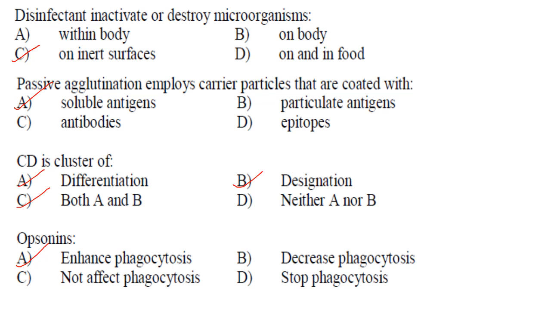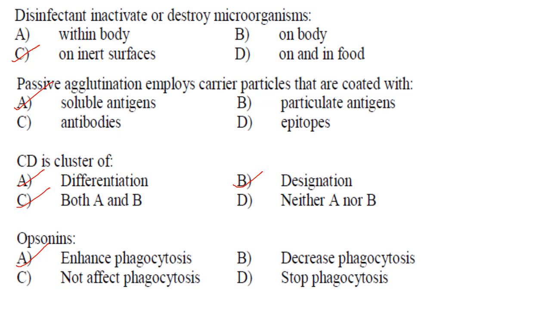Then next one. Disinfectants inactivate or destroy microorganisms on inert surfaces. Answer is option C. Then passive agglutination employs carrier particles that are coated with soluble antigens.